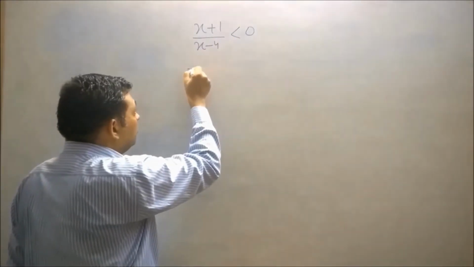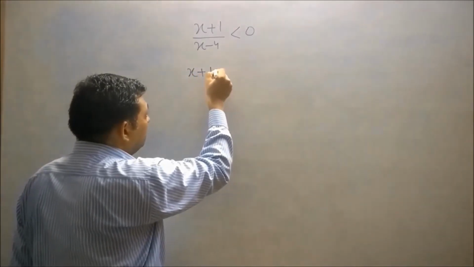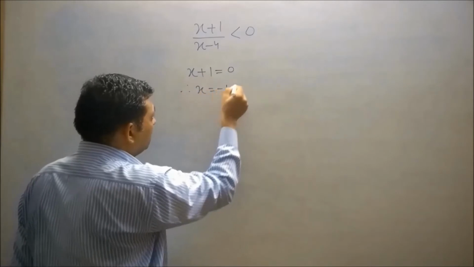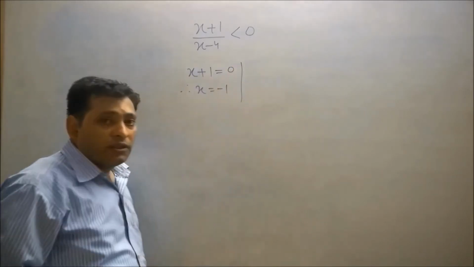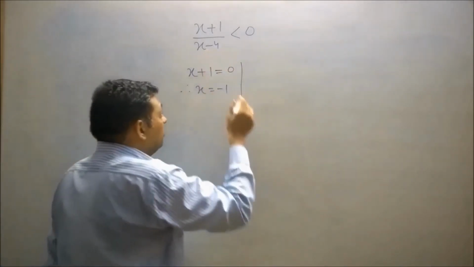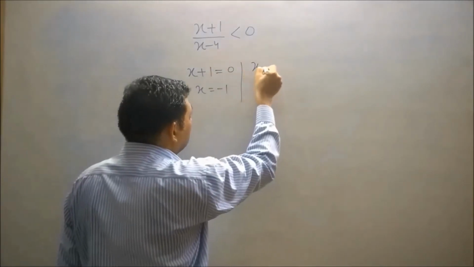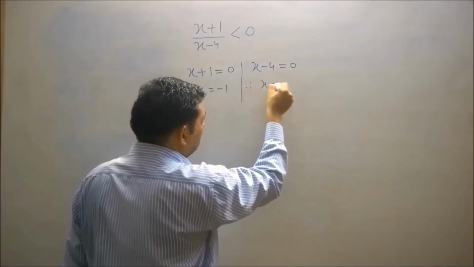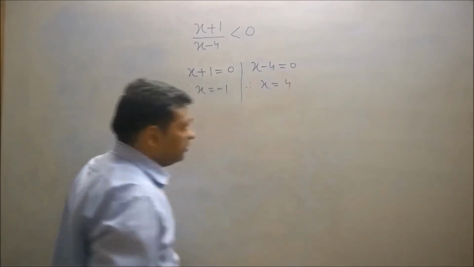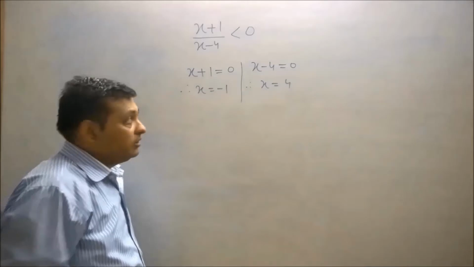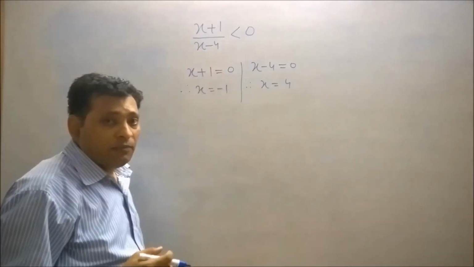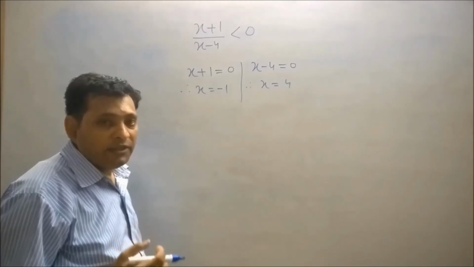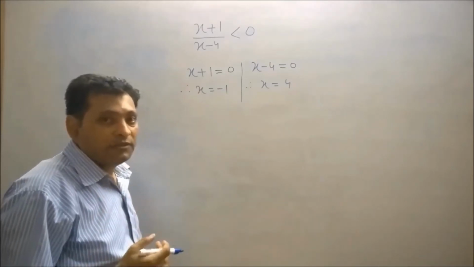Therefore, x + 1 = 0, so x = -1 is one of the critical points. Now equate the factor x - 4 with 0. Therefore, x = 4 is another critical point of this inequality. A critical point is a point about which the behavior of the function may or may not change.